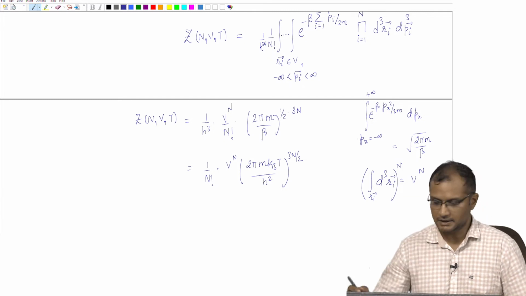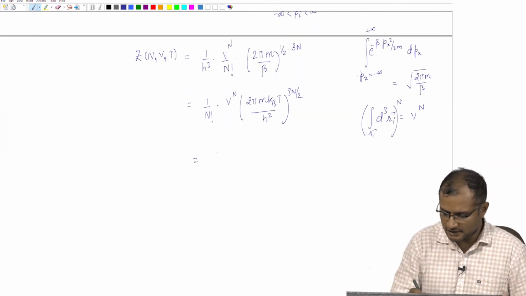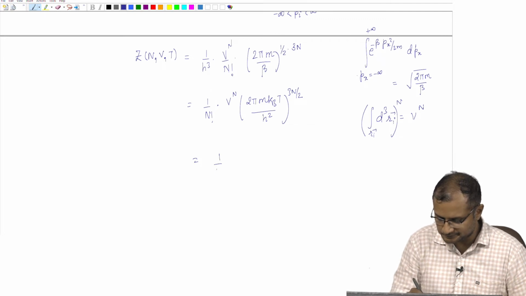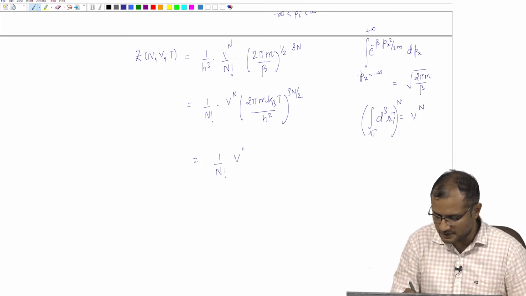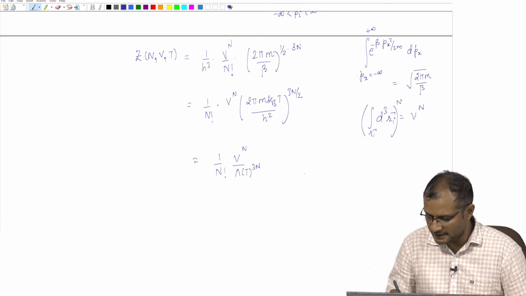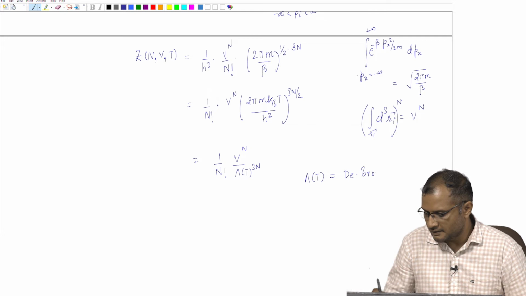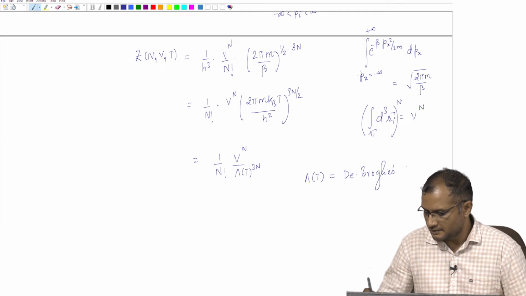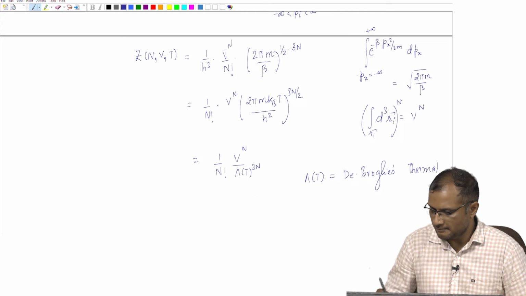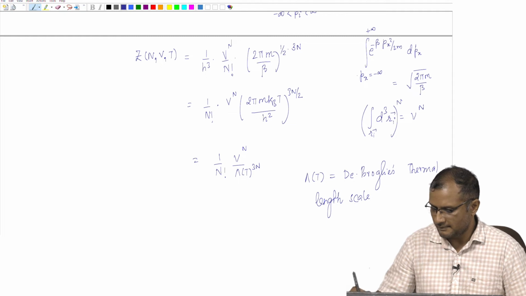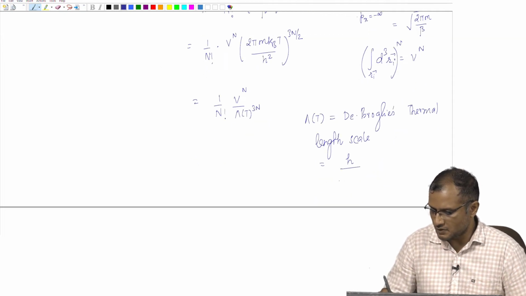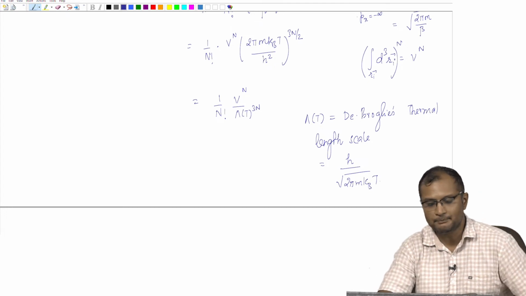Okay. And this, if I define the de Broglie wavelength as lambda, becomes nothing but this, where I have defined the de Broglie thermal wavelength, or thermal length scale, as λ = h over square root of 2π m k_B T. Okay.